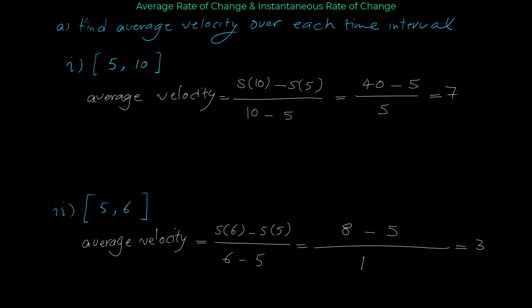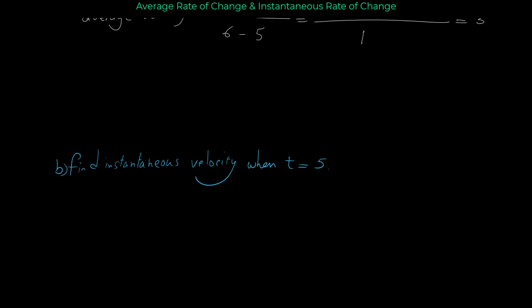So average velocity over the time interval 5 to 6 is 3. In the next part of the question, we are asked to find instantaneous velocity when t equals 5. And attention, sometimes they don't even use this instantaneous word.